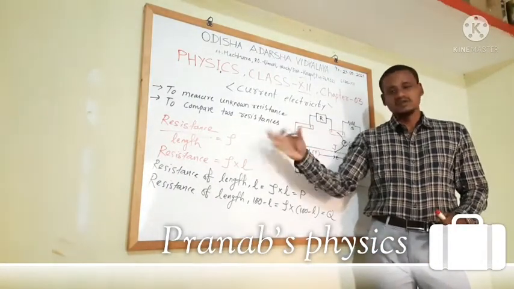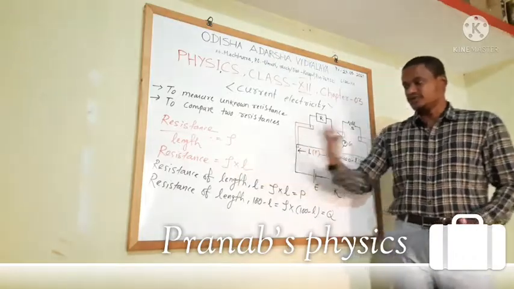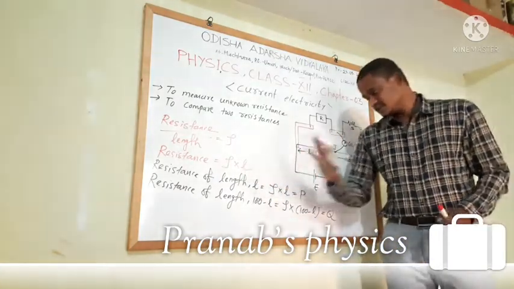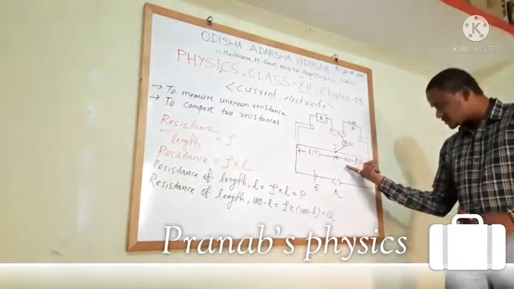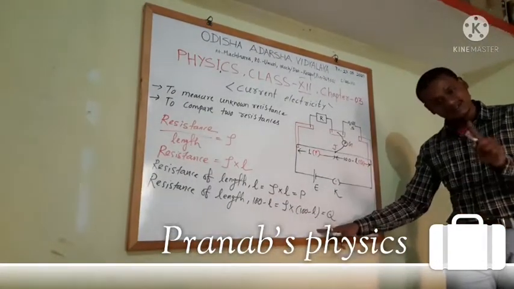I have taken one symbol. So resistance is equal to rho into length. Resistance of this much is rho into L, resistance of this much is rho into 100 minus L.